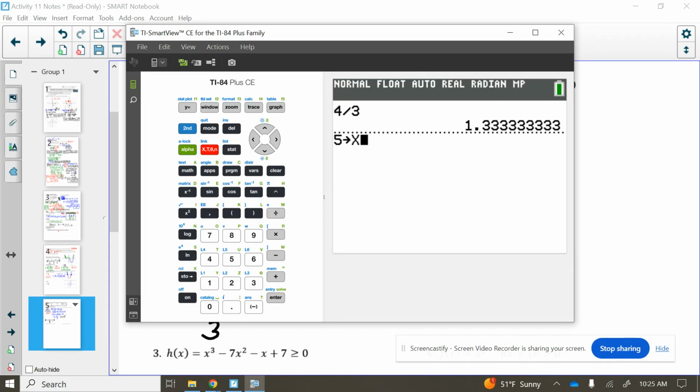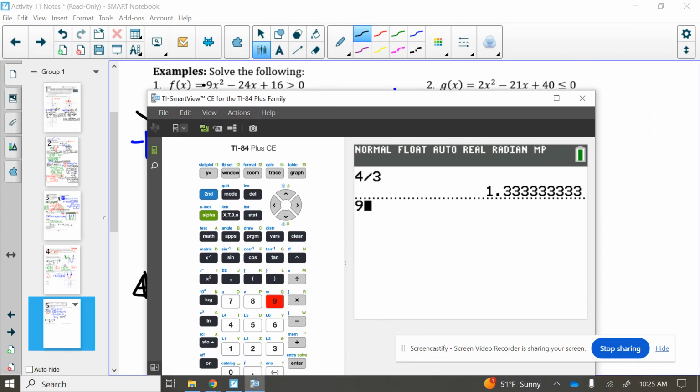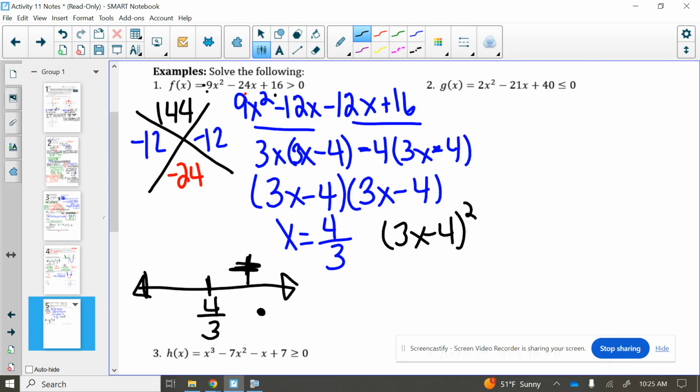If we plug in 5 as our x value to this original equation, we would have 9 times 5 squared minus 24 times 5, and then plus 16. We get a positive number so that we know this is a positive interval.